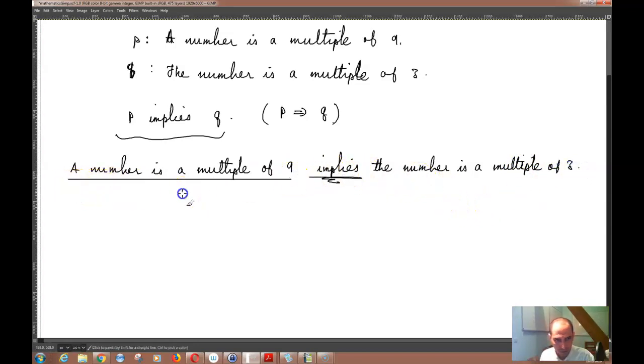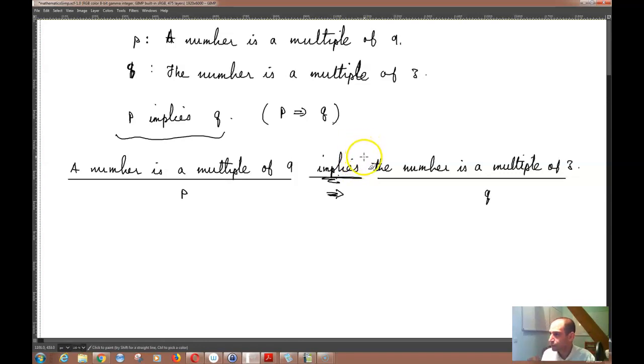So this is my P and this is my Q, and this is implies. Instead of this, you can also use the implication sign, whatever you want to call it, that it works that way.